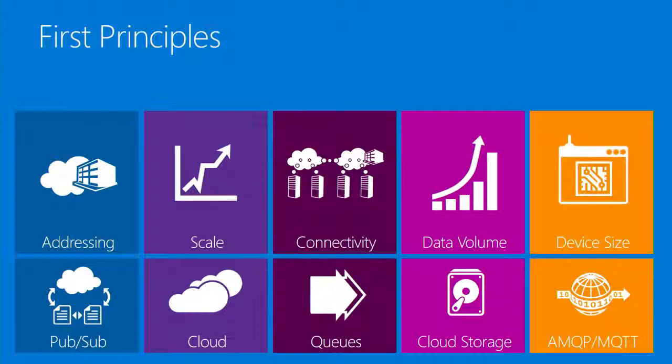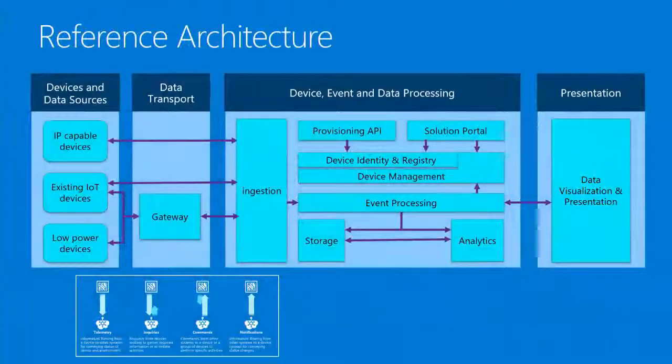So we have to really work with a lot of the new protocols that are out there: MQ Telemetry Transport, and Advanced Message Queuing Protocol, AMQP. Those are the new ones that are out there, part of the architecture.